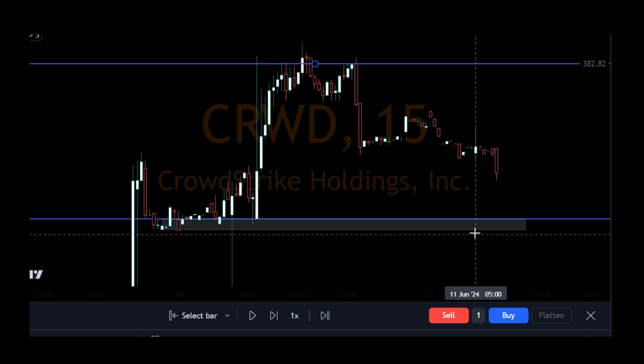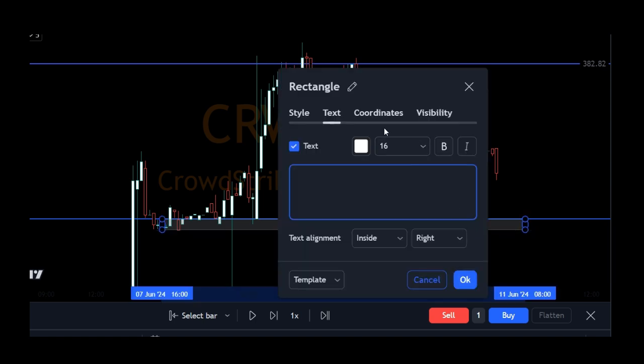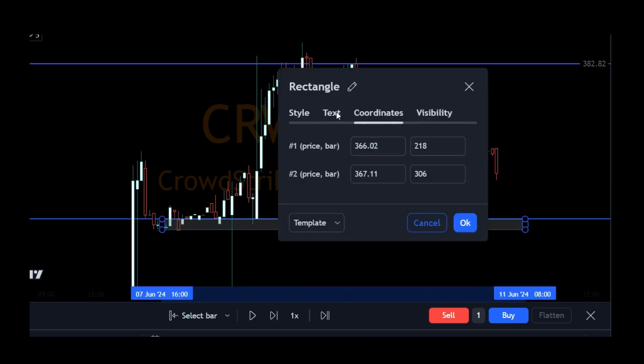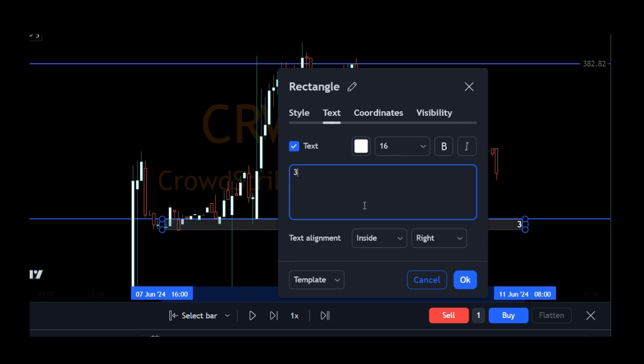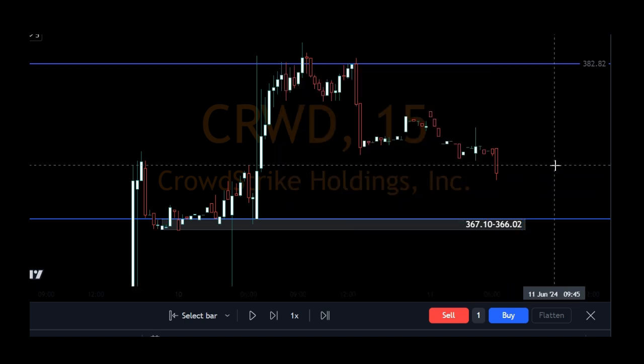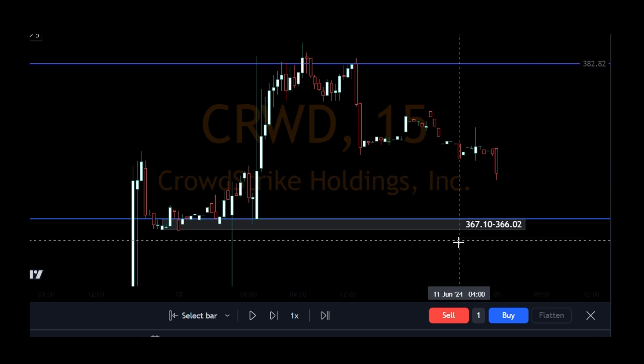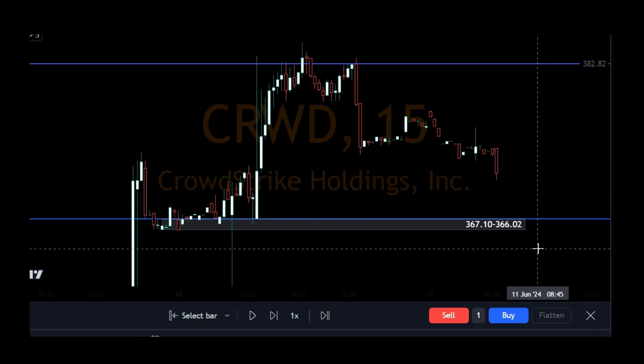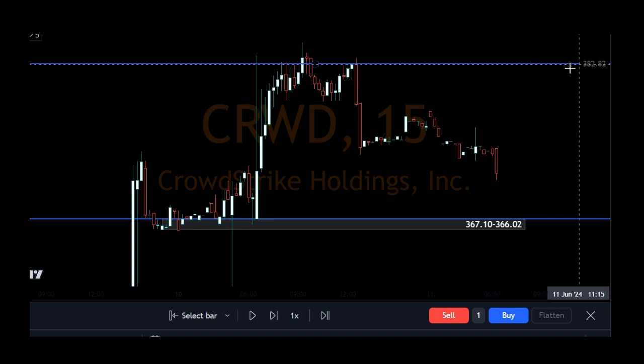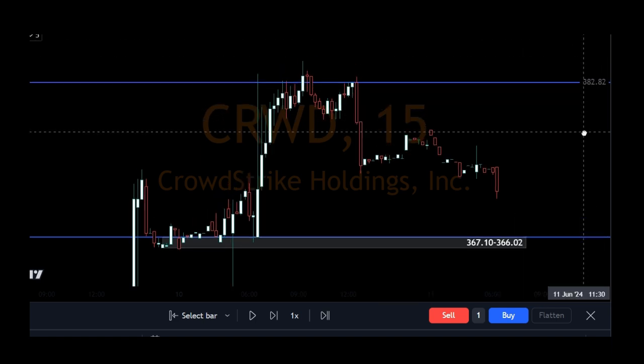And I'm going to label this zone here, 366.02 to 367.10. All right, this is my zone. So no puts if this zone is not taken out. 15-minute time frame. No calls if it doesn't close above 382.82.